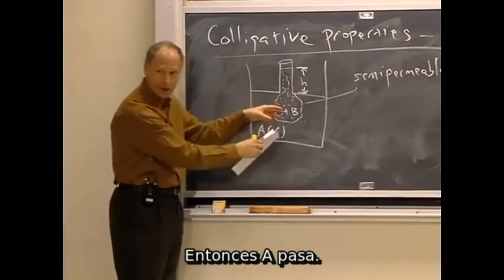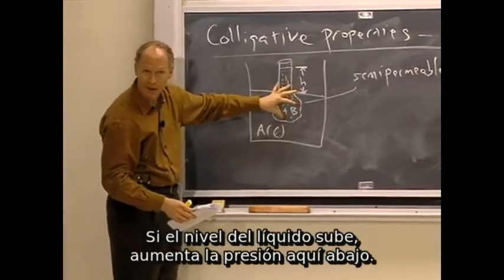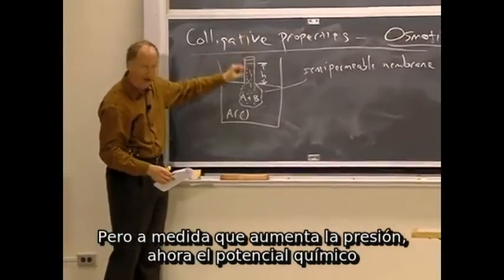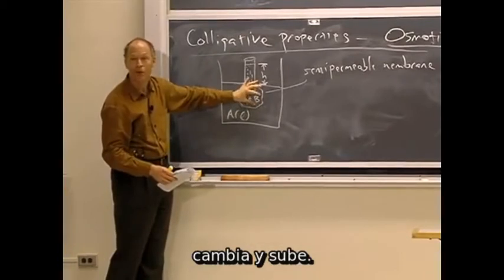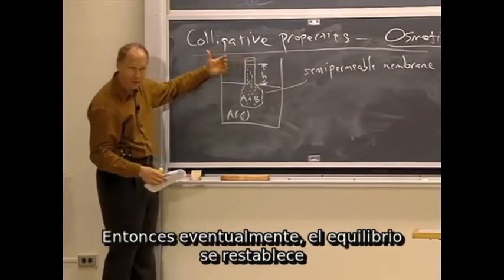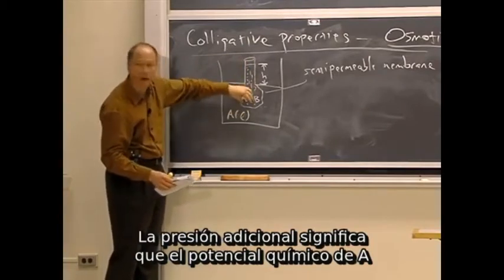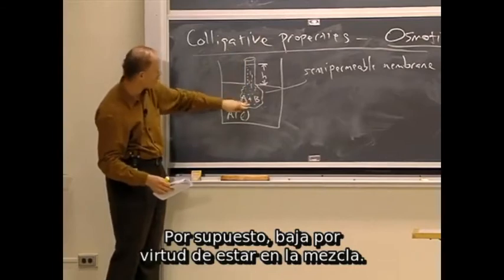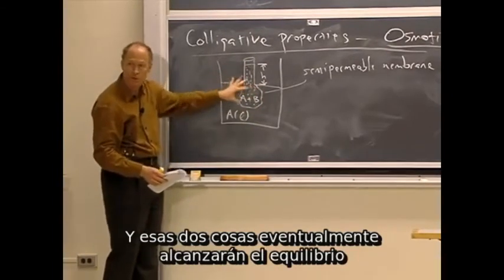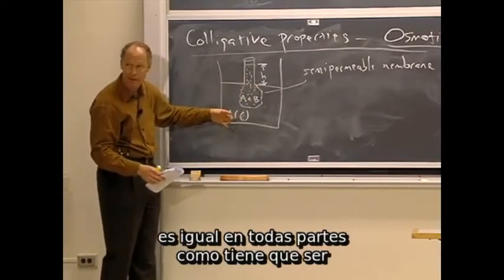So A does rush in. The liquid level goes up. It raises the pressure down here. But as the pressure rises, now the chemical potential changes and goes up. So eventually equilibrium is reestablished, because these aren't at the same pressure. The additional pressure means the chemical potential of A goes up. Of course, it goes down by virtue of being in the mixture, and those two things will eventually reach an equilibrium where the chemical potential of A is the same everywhere, as it has to be.